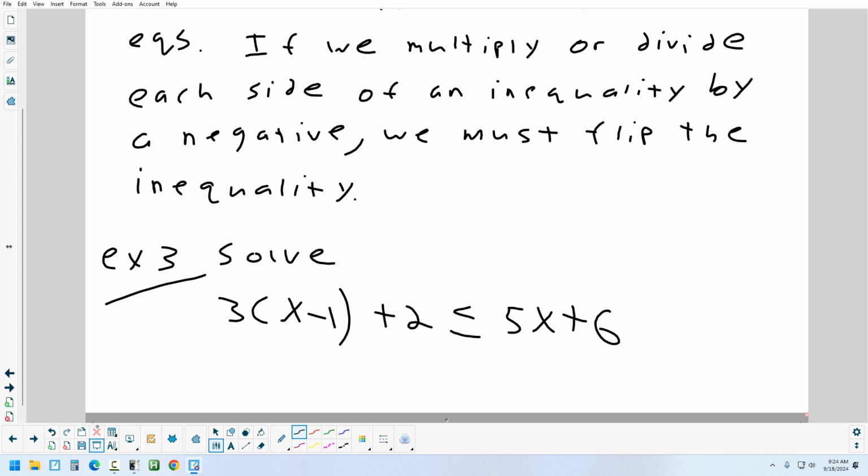There's something we have to do before we can combine like terms, having to do with those parentheses. Yeah, so the first thing we have to do is distribute. So we got 3x. We're going to have minus 3 plus 2. Now we can combine the like terms. What's minus 3 plus 2? Yep, so negative 1. All right, so I got that. Cole, what would be my next step?